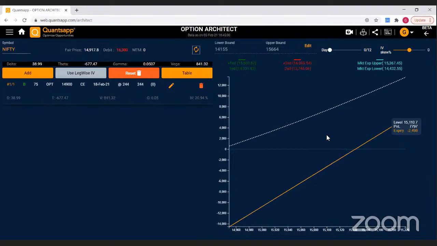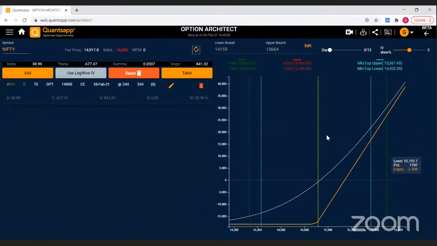And why is this? I'm buying a call option. I know if I buy a call option and the underlying prices are going up, I will be benefited. That is true. But have you ever thought of the time value of money that an option comes with, which is explained by theta? Theta is one more factor.